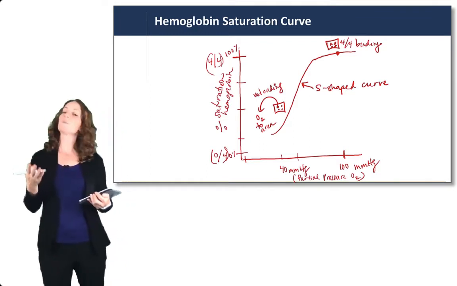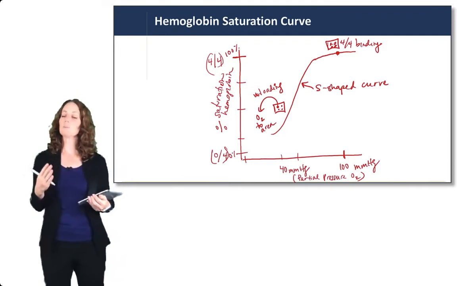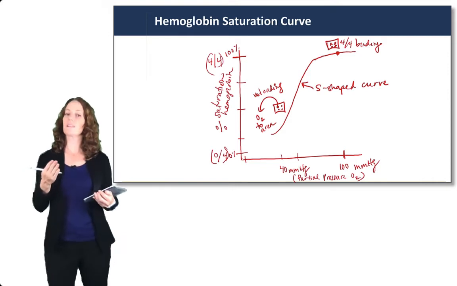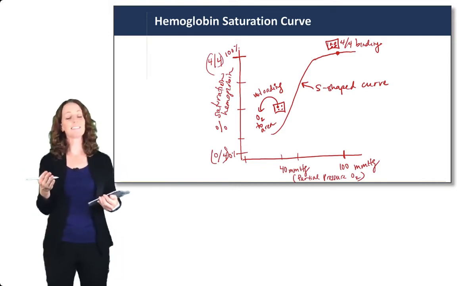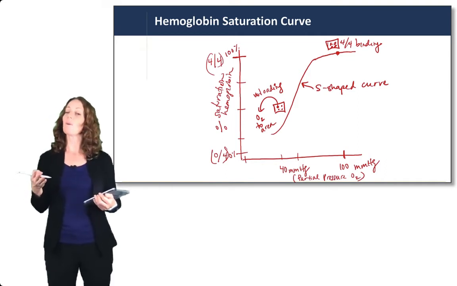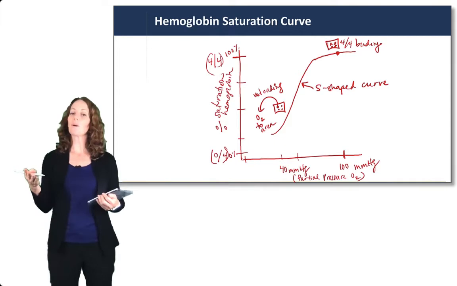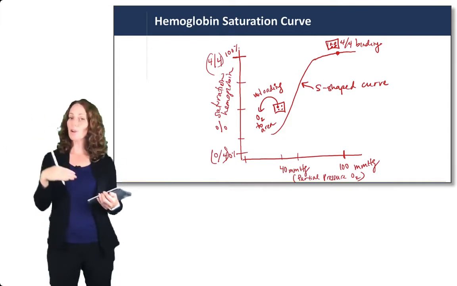This is something that is predicted by the structure of hemoglobin itself. It's a relationship that we observe in experiments where we test the percent saturation based on the partial pressure that we have around the hemoglobin. And the important piece is that it's an S-shaped curve.